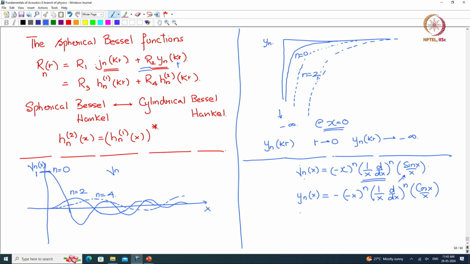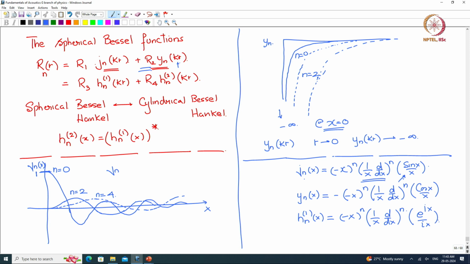And the Hankel function of the first kind is equal to minus x to the power n, 1 over x d over dx to the power n, e to the power ix over ix.